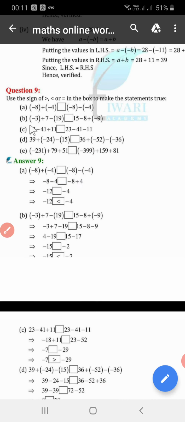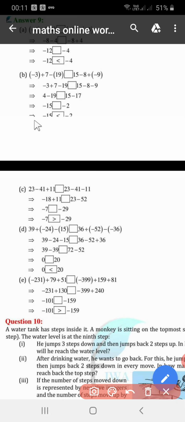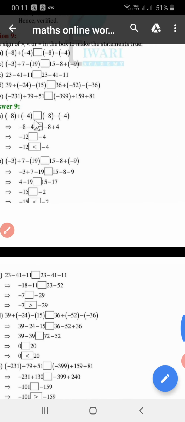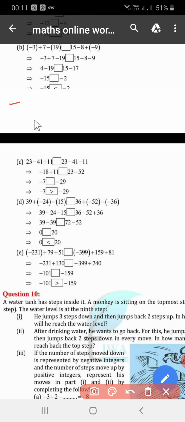Okay, now see the next part. We will solve the B part. Here see minus 3 plus 7 minus 19.